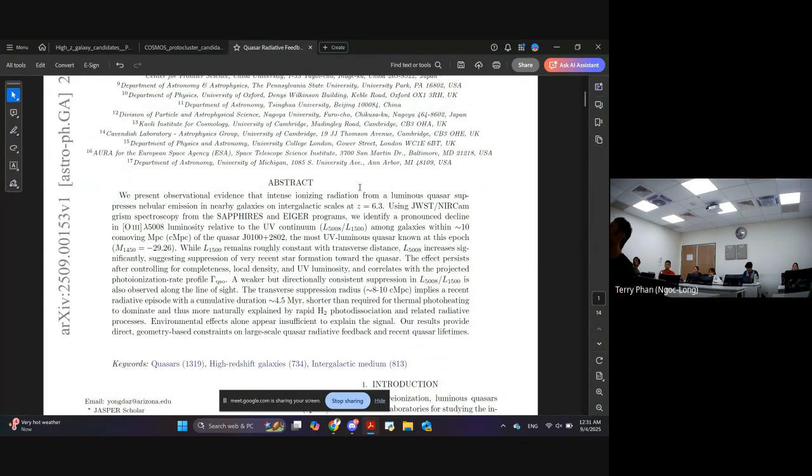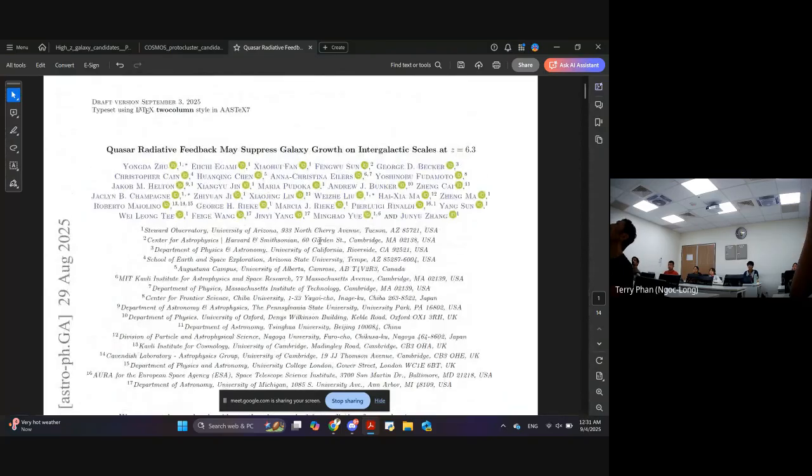Good afternoon, everyone. This week I want to present a paper titled Quasar Radiative Feedback May Suppress Galaxy Growth on Intergalactic Scales at Redshift 6.3.